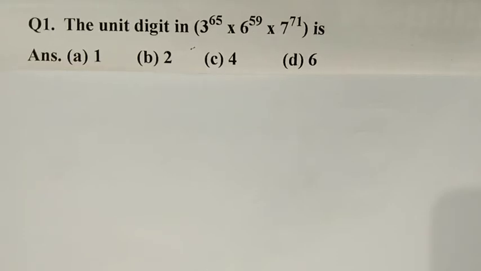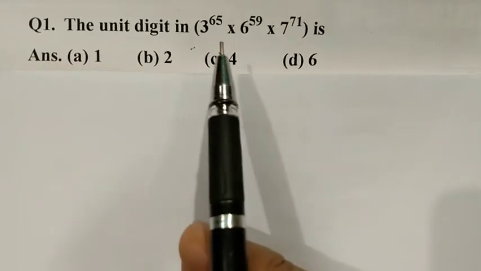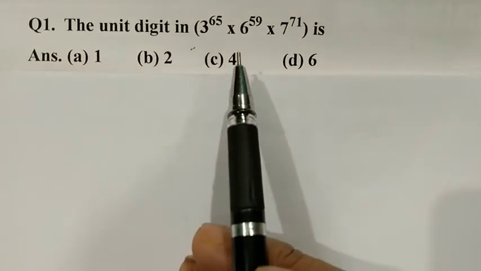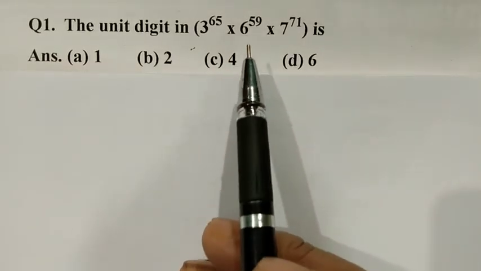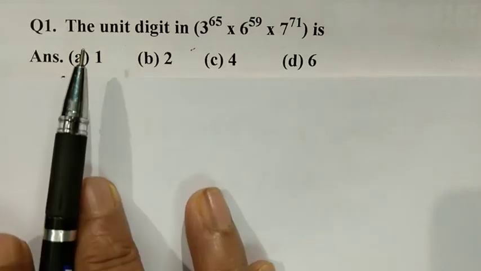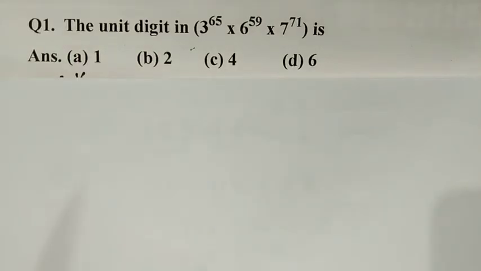The unit digit in 3 to the power 65 into 6 to the power 59 into 7 to the power 71 is?